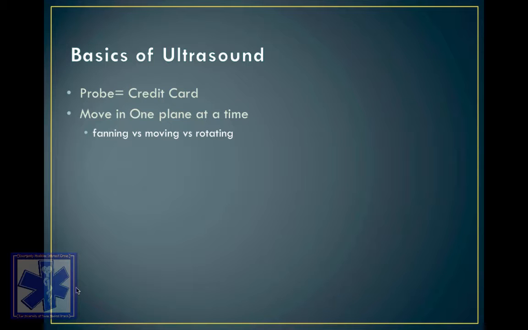We'll play with all this later. The key is most people when they first start are doing all three at once, and you can't track what you're doing wrong there. Put a probe on, hold it still, see if you see what you want. If not, pick a direction and go. You can either slide, fan, or rotate and try to see where your malfunction is.